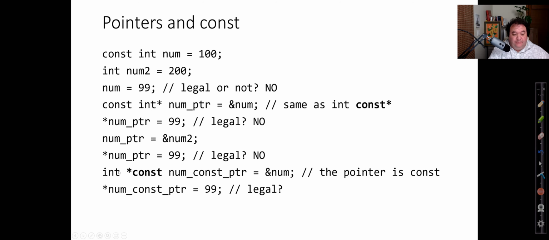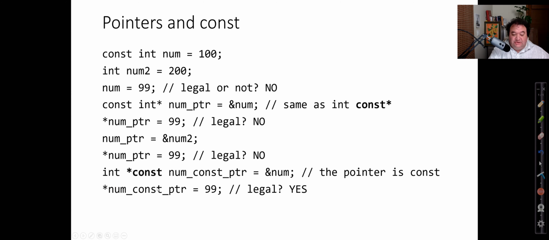More examples. So now we do int star const pointer, and then we assign it to the num. Now it is the pointer itself that is constant. And so the assignment is legal because we are not modifying the pointer, but we are modifying the object referenced by the pointer. So the pointer is assigned once.